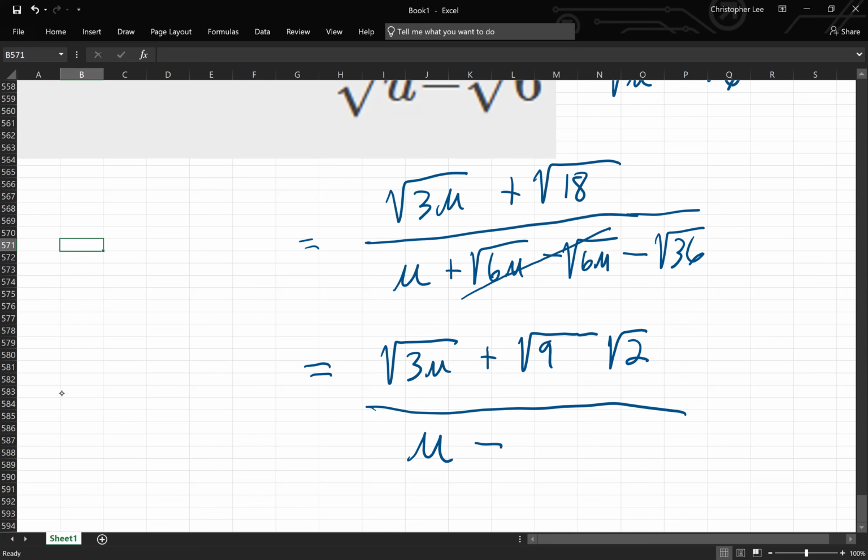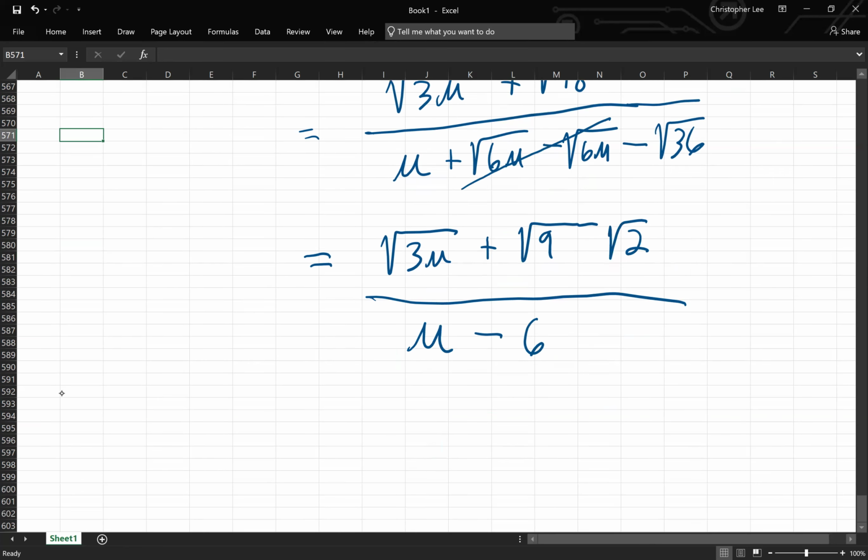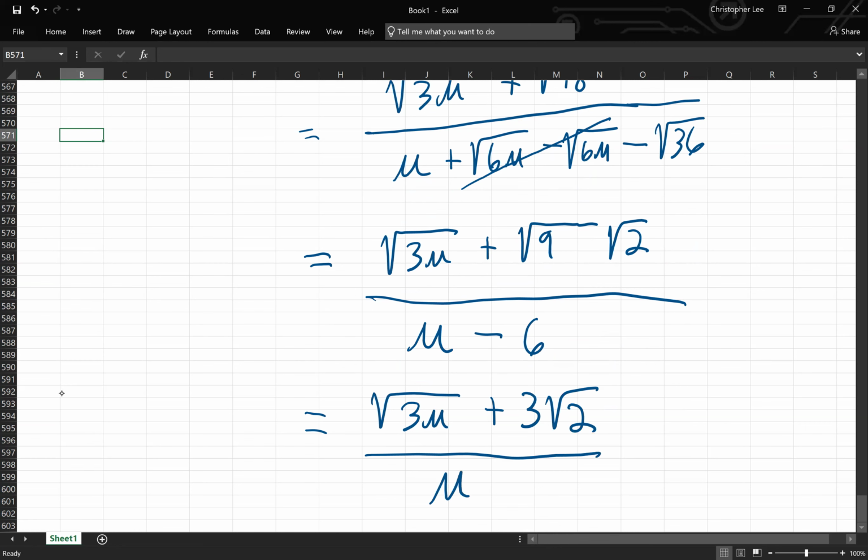We're going to have u minus square root of 36, which is just 6. Simplify this a little bit further. I have square root 3u plus 3 square root 2 all over u minus 6. This right here is my final answer.